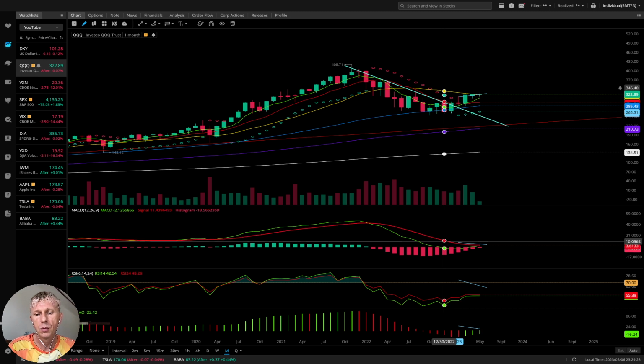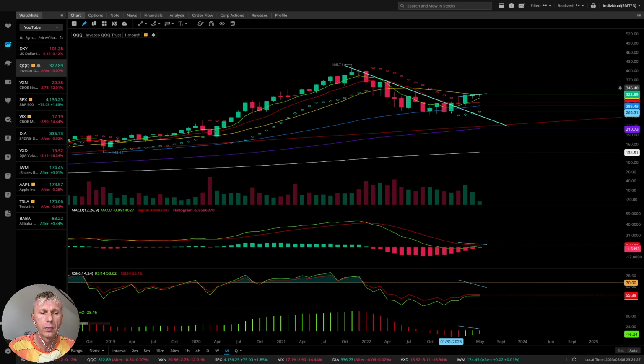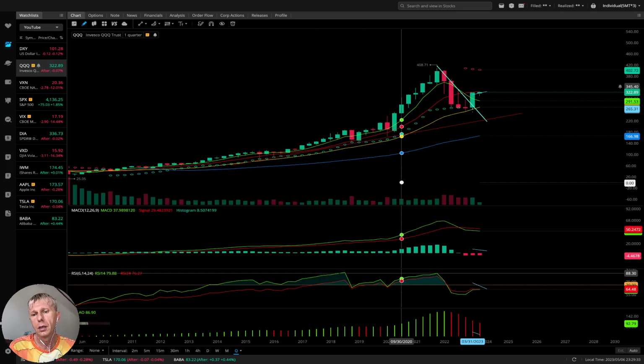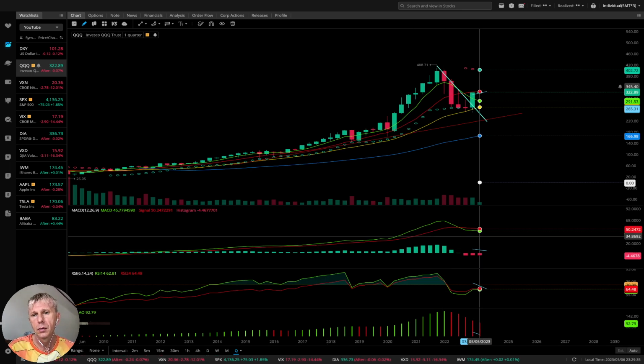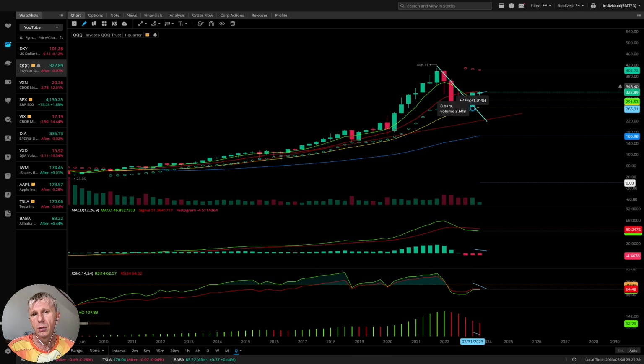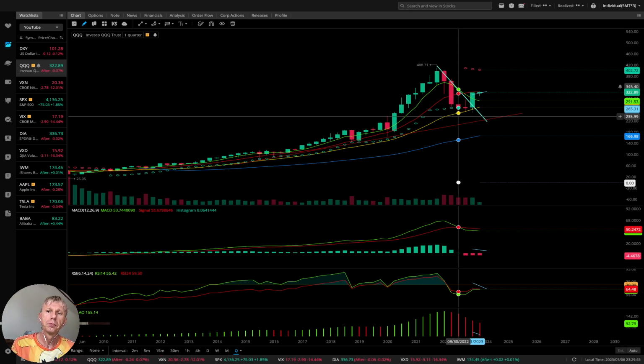It's kind of mixed mode: 2 indicators bullish, 2 indicators bearish. Quarterly, it's a different story, right? Quarterly, it is still bearish. Previous quarter, it did touch MA20 and bounced from it very strong. MA20 was very strong support.